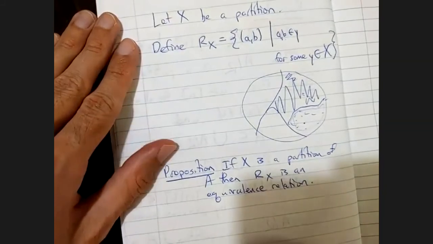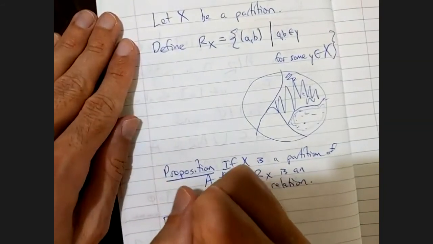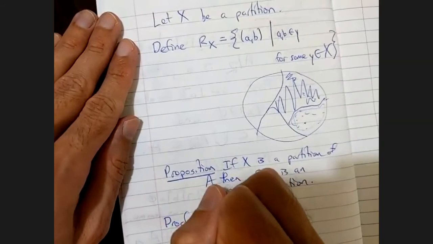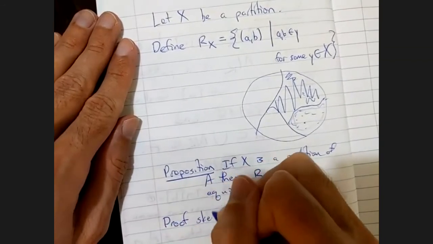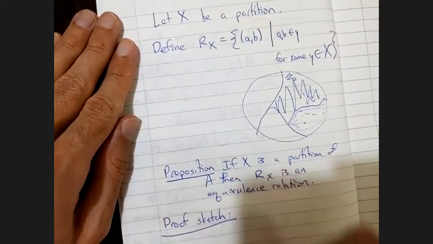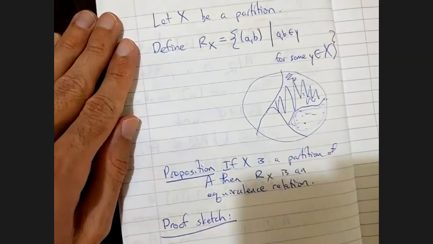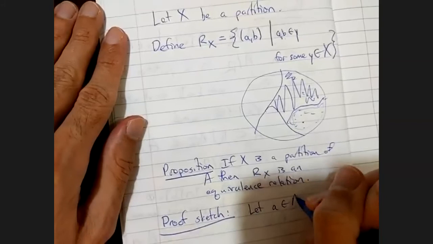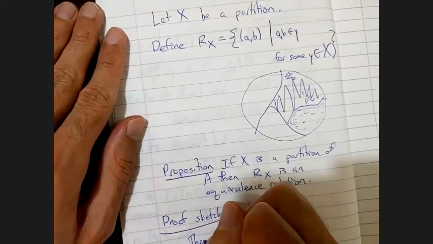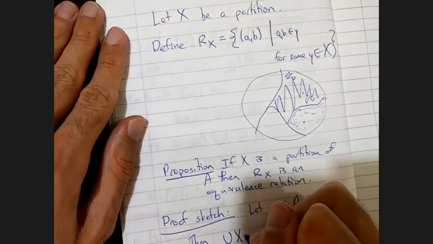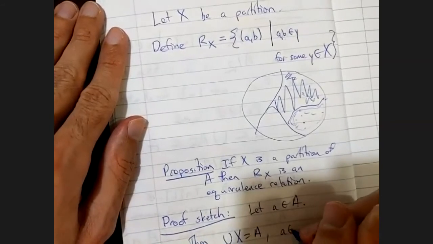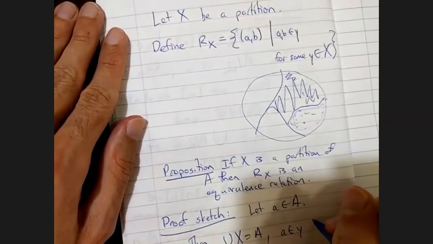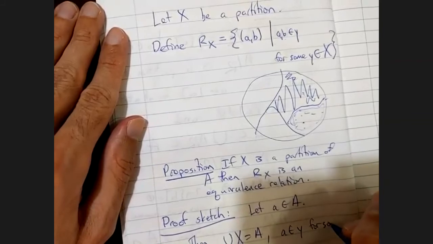Okay. We're not going to prove it, but let's just sketch what we'd have to do. Let a be in A. Then since the union of X equals A, a is in some Y, some part.